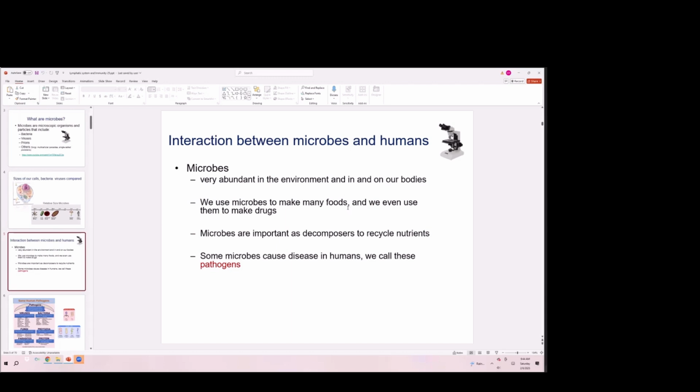We use yeast to make bread, because when yeast undergoes anaerobic respiration it produces carbon dioxide, which makes the bread rise. When it rises, it expands the dough that you knead, and then you can make bread with it. Any other ideas in terms of food or drinks?